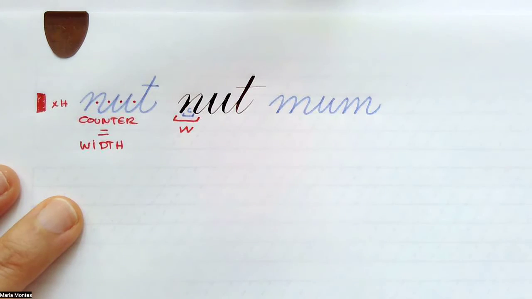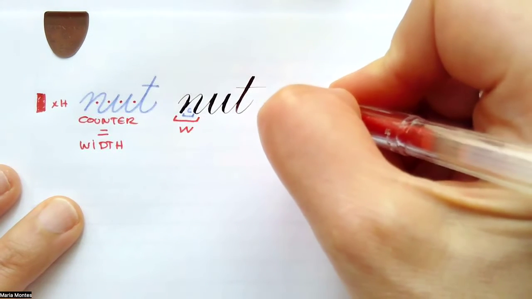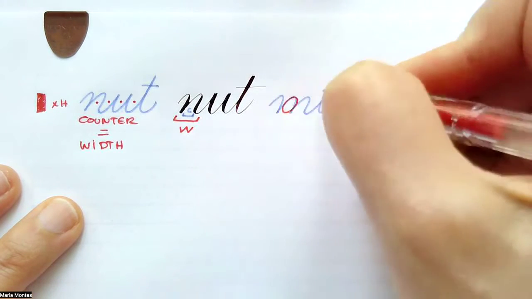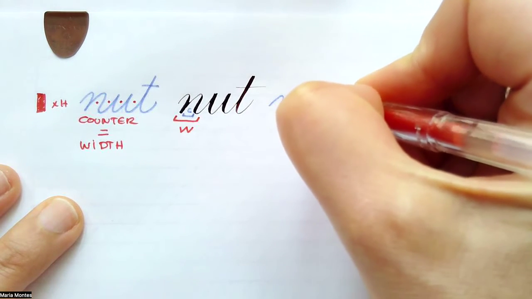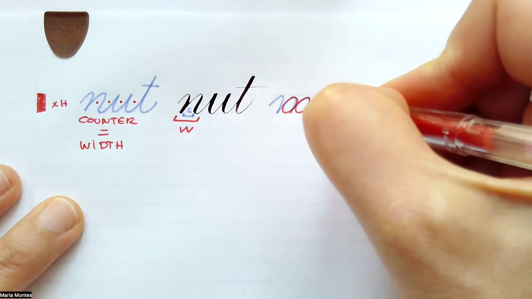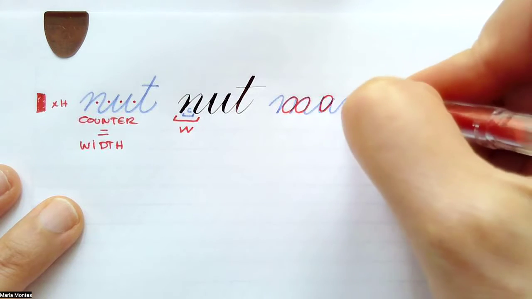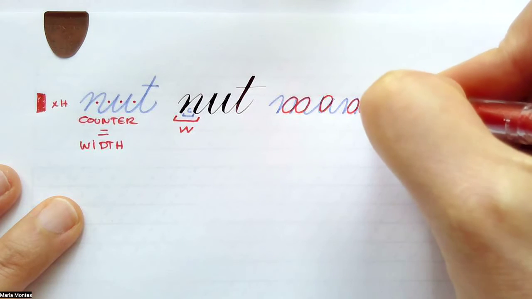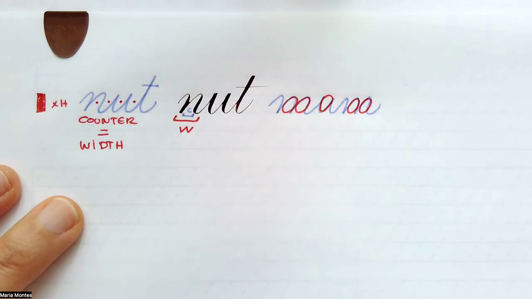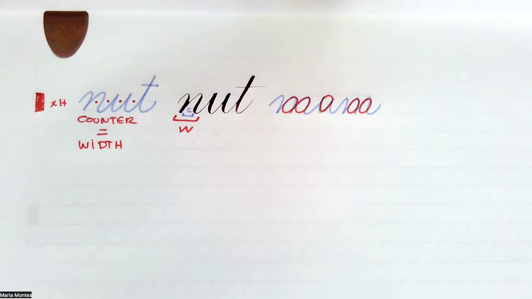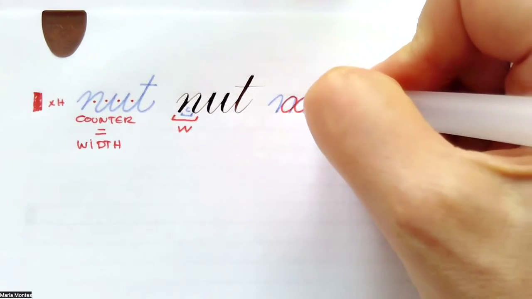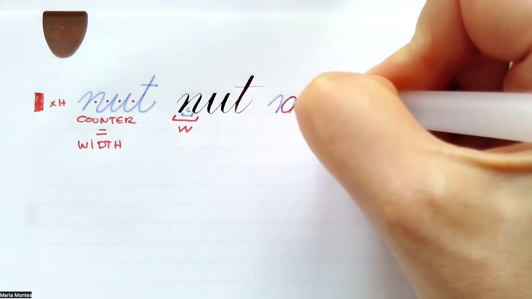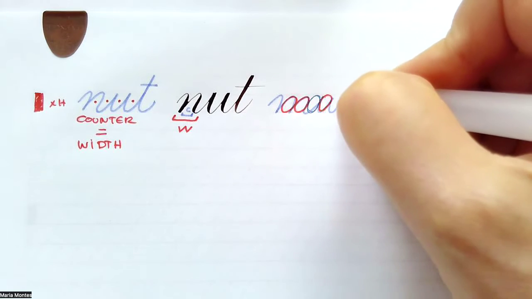What I'm creating in every arch of my M is an oval look and feel, and this oval is going to be translated into most of our letterforms. What happens inside determines what happens in between, so the space between my letters is also going to be very similar.